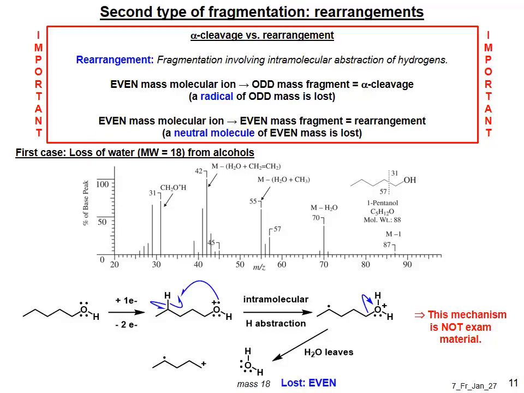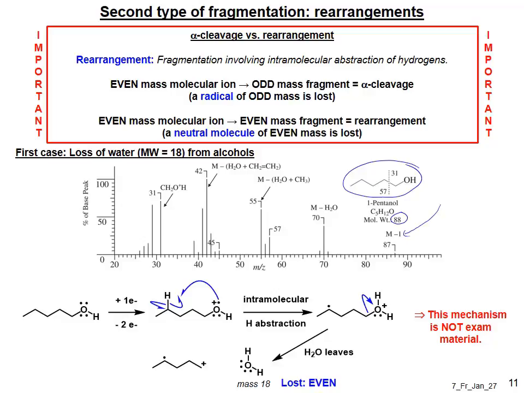You're not responsible for the mechanism for this reaction, but let's look at an example so that you understand why it is called a rearrangement. If we look at the mass spectrum that's provided here, we can see that the molecule of interest is 1-pentanol, which has a mass of 88. On the mass spectrum itself, we actually don't see the molecular ion.